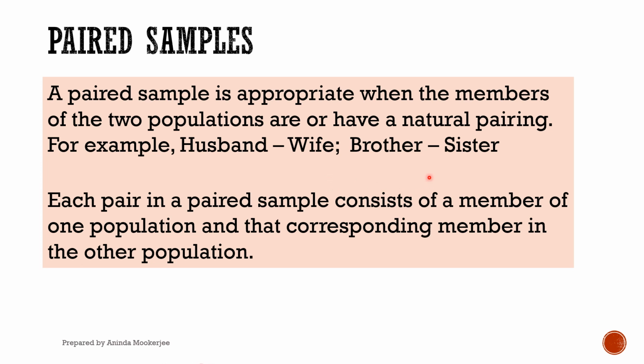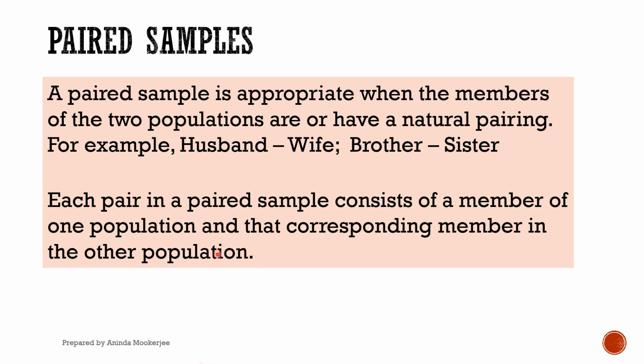The same thing applies if it's a study on a brother and sister, or between two brothers or two sisters, siblings, and so on. Each pair in a paired sample consists of a member of one population and the corresponding member in the other population.